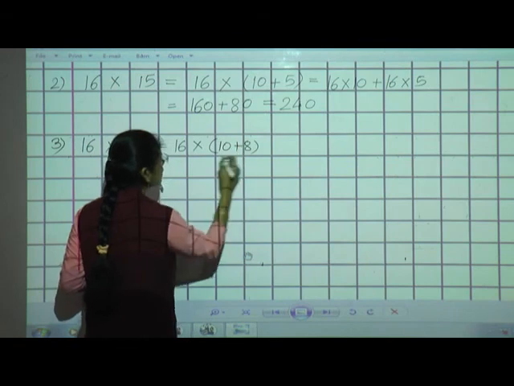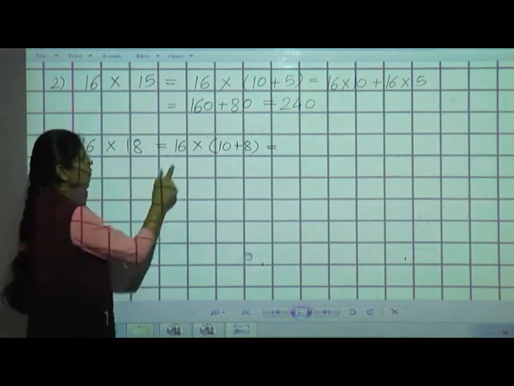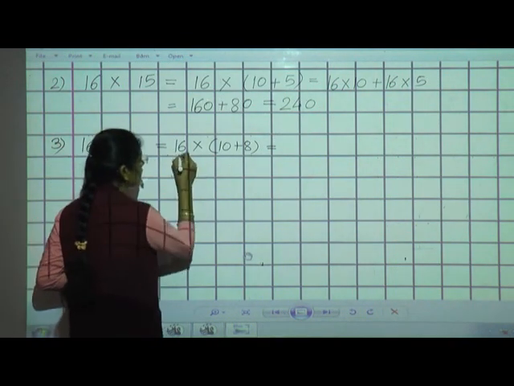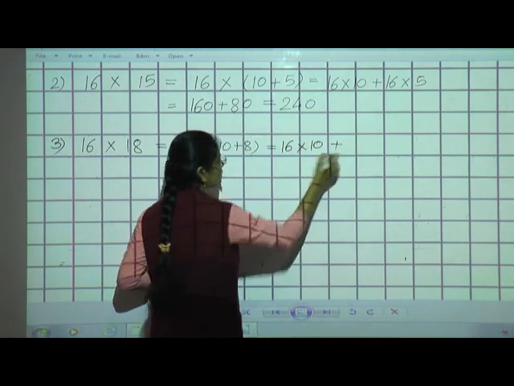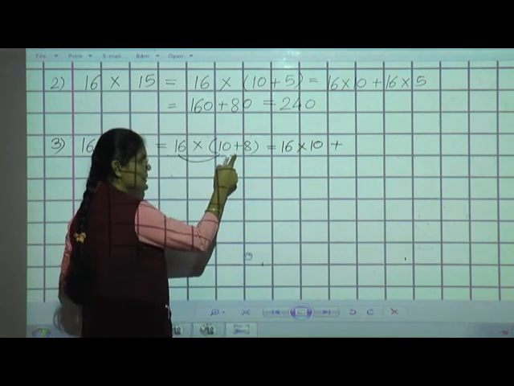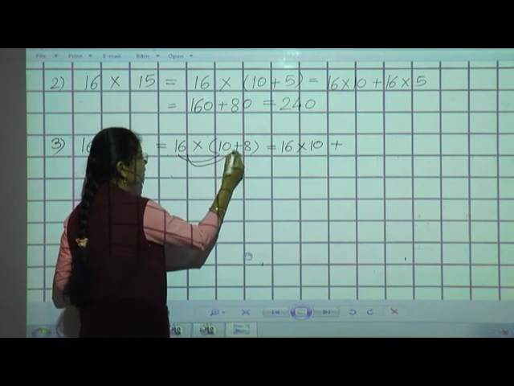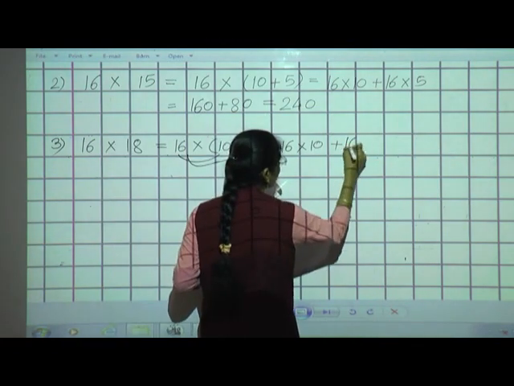Now is equal to, what we will do? We will multiply 16 by each number. Now 16 into 10, first of all we will do this. Then give a plus sign, because here a plus sign is there. Then what is remaining? 8 is remaining. So again we will multiply 16 by 8. 16 into 8.